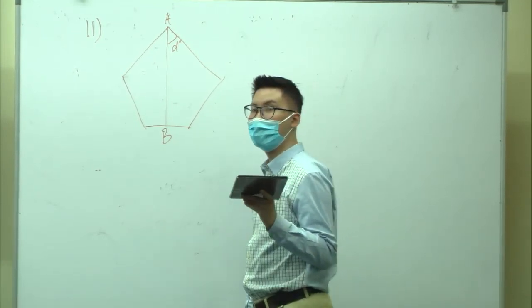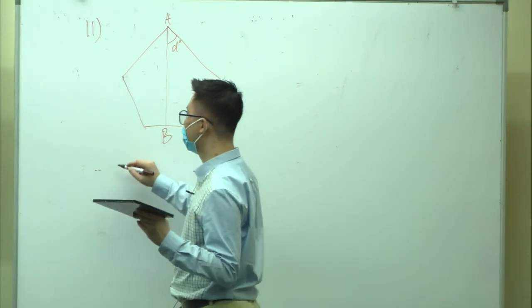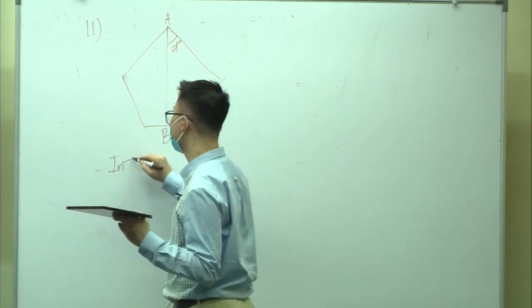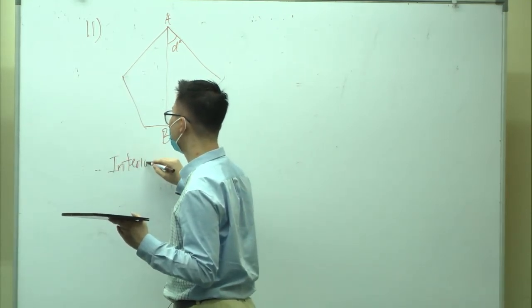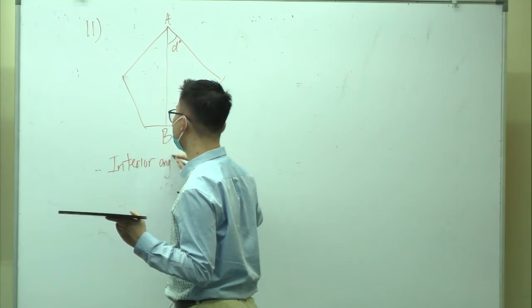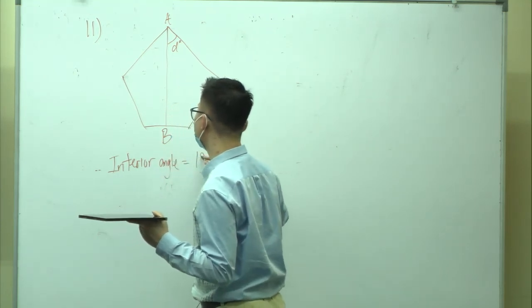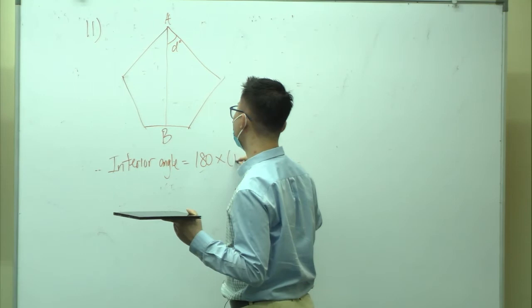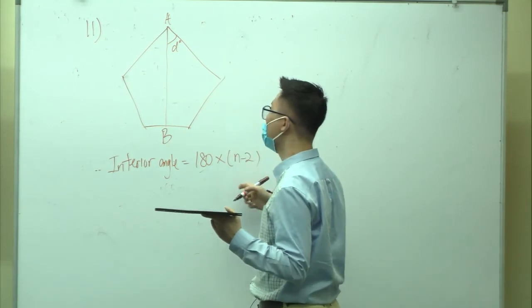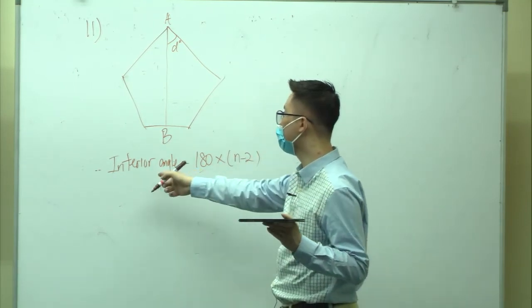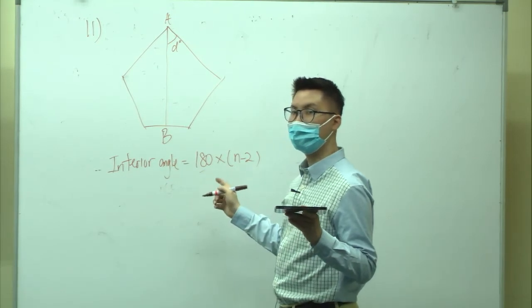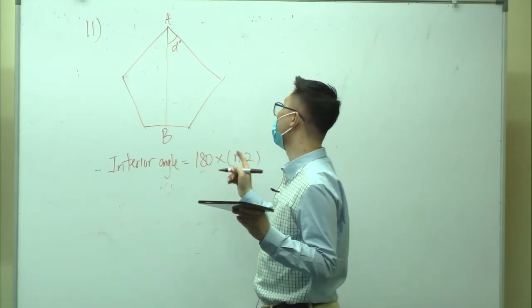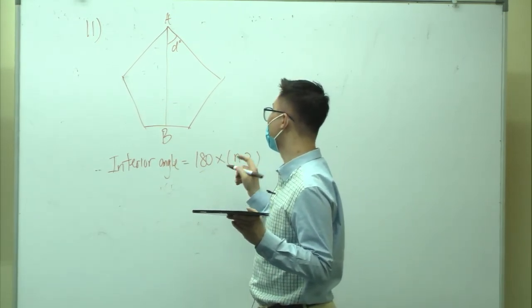You can use the formula of the interior angle. Equal to 180 times n minus 2. This one is the total, not the interior angle. This is the total of all the interior angles for this pentagon.